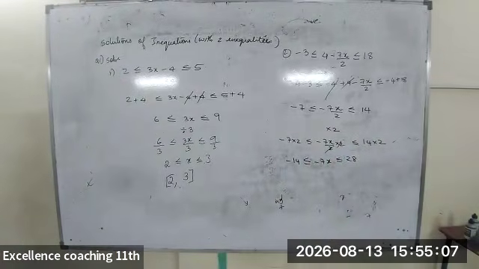Now what you have to divide it with? 7. 7, only 7, minus 7. We need final x value, no? Only x should remain. So when you are dividing by a negative number, remember the rule? Change the signs, make the inequality sign opposite.